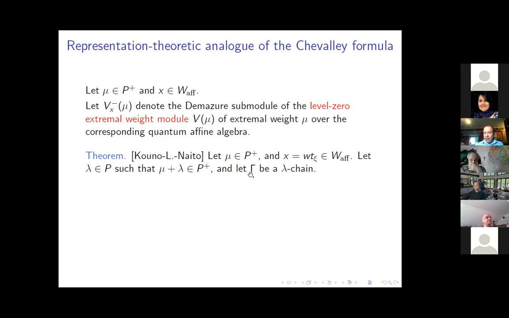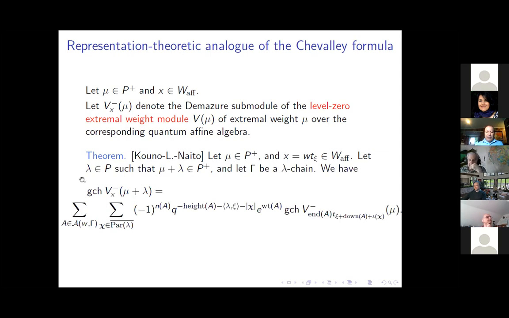And you also take a lambda chain gamma for that arbitrary weight lambda. And then you look at the graded character of the Demazure module corresponding to the level 0 weight mu plus lambda and the affine Weyl group element X.